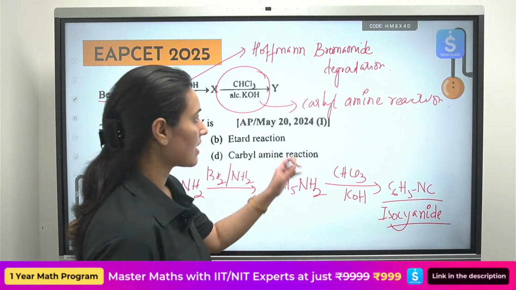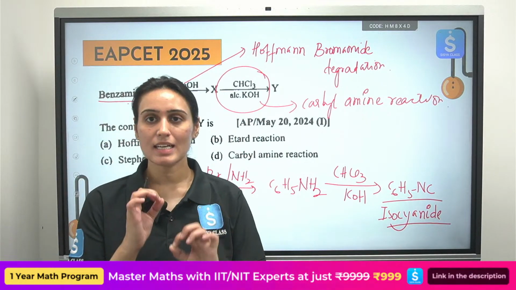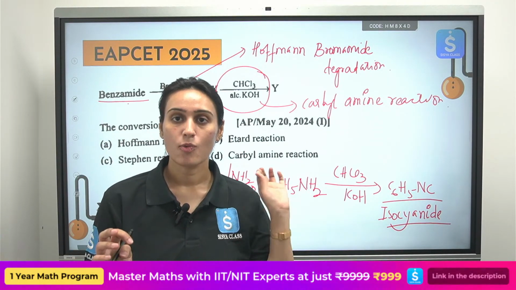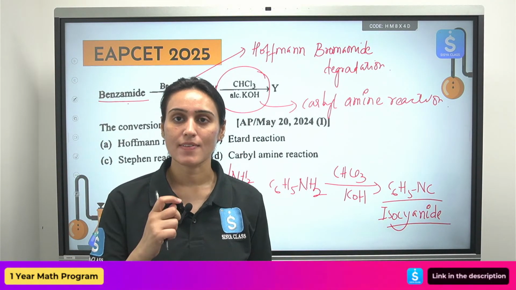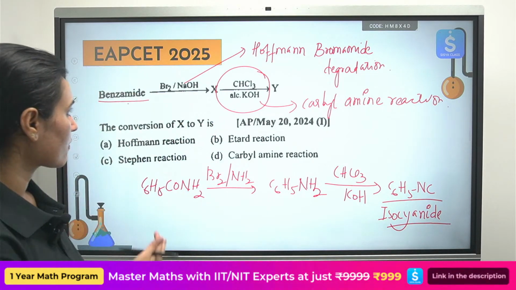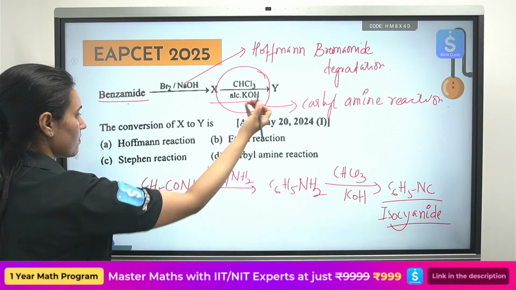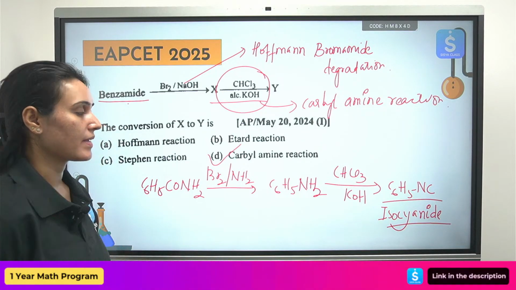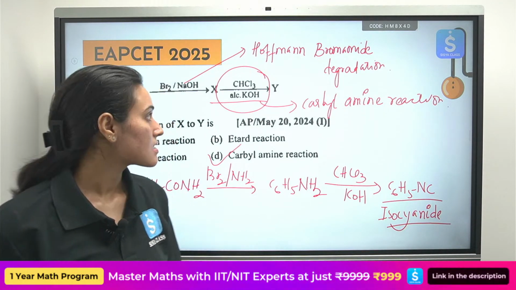Please remember, carbylamine reaction is shown by both 1 degree aliphatic amine as well as 1 degree aromatic amine. So the question was, what is this step? You will write carbylamine reaction. See the next question.